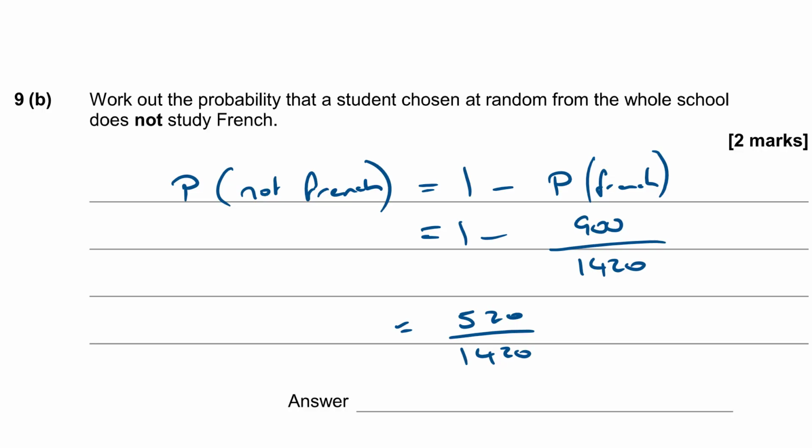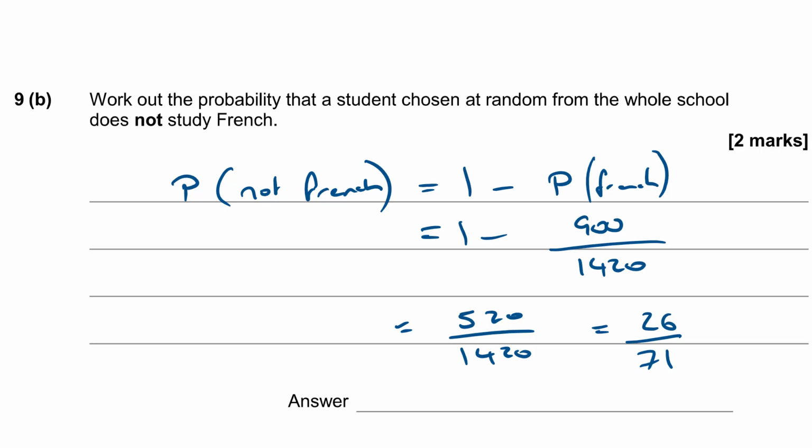I don't think I need to cancel it down. You don't normally get any extra credit for cancelling down fractions in probability questions, so I'm tempted to leave it like that, although you do have a calculator that can cancel down fractions for you, so perhaps there's no harm in doing it this time, which is 26 over 71.